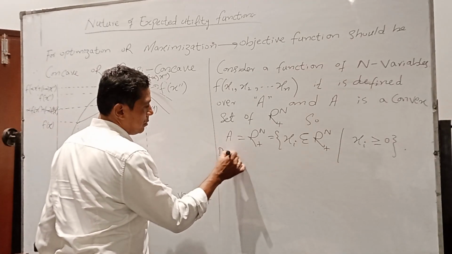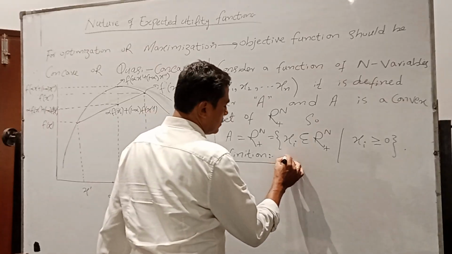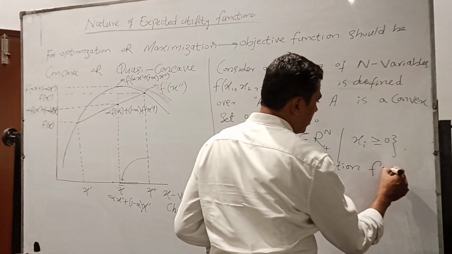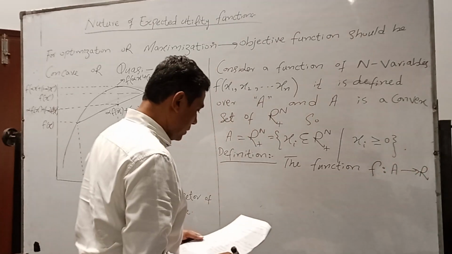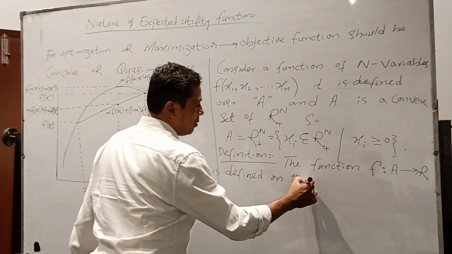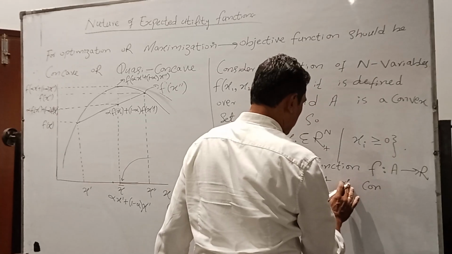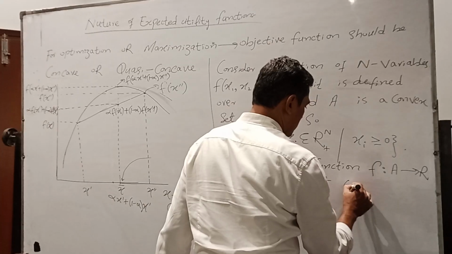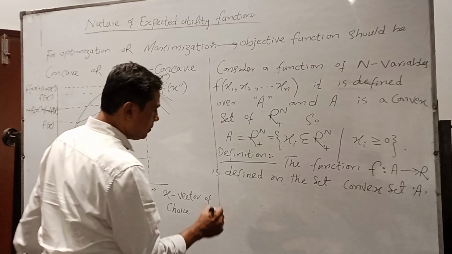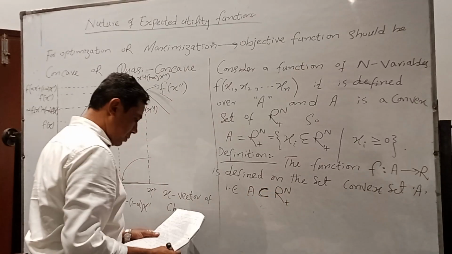Definition is here. The function f is real number defined on the convex set A, so that is A, the subset of R^(n+1).